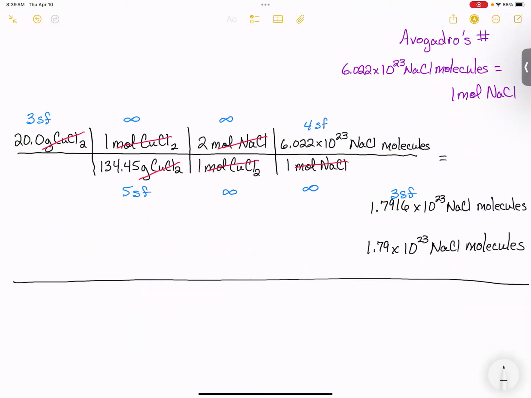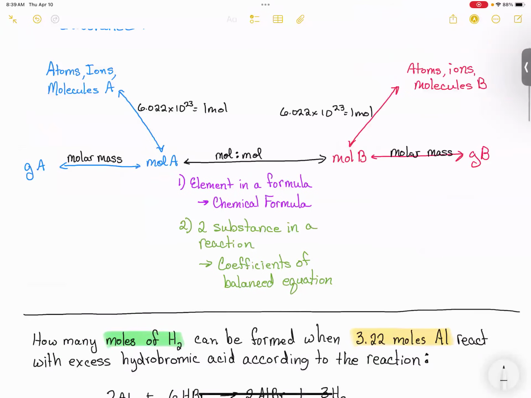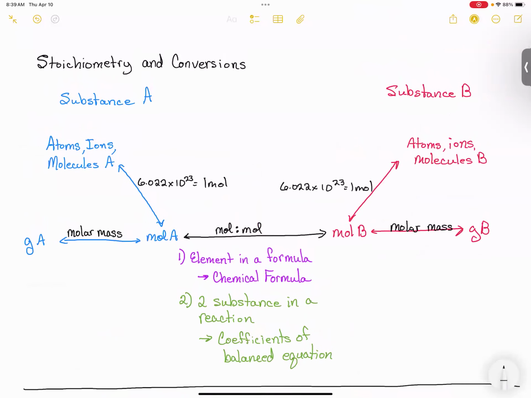Okay, I want you to keep this problem where you can pay attention to it, but I'm going to scroll to the top of the screen. Okay, I want you to look at the railroad track. We started with grams of CuCl2.